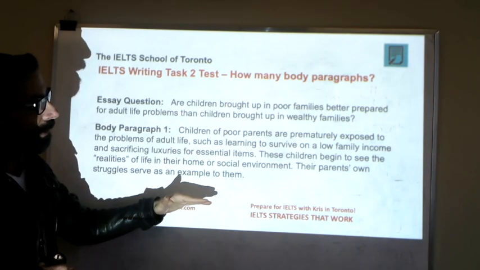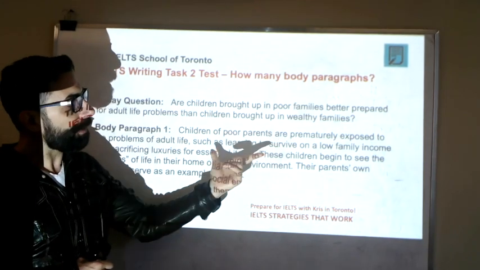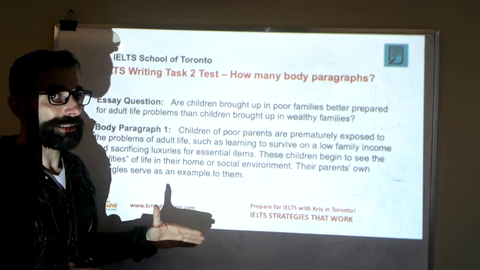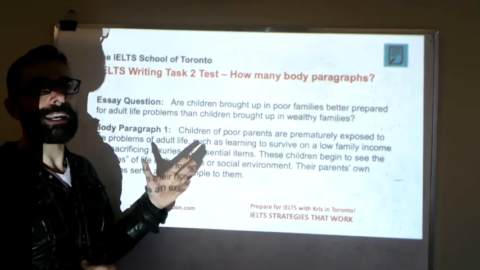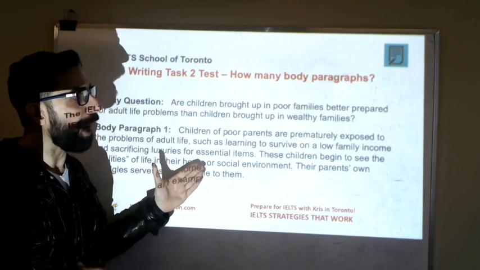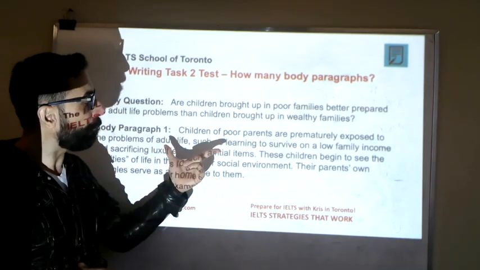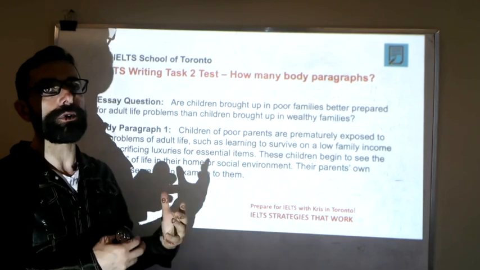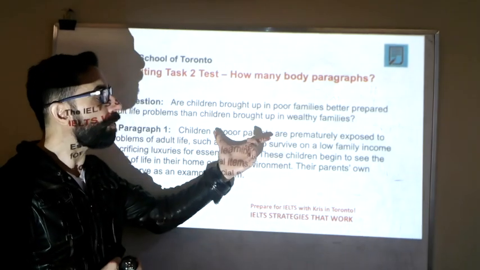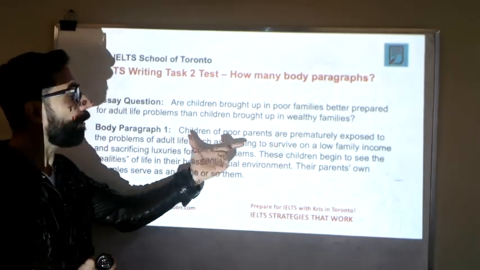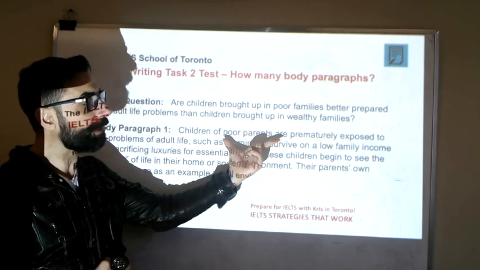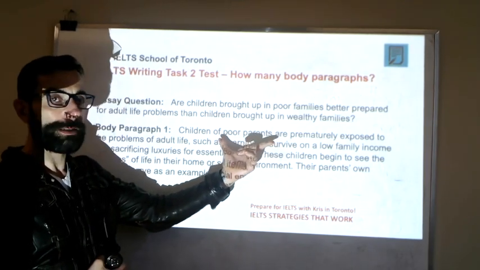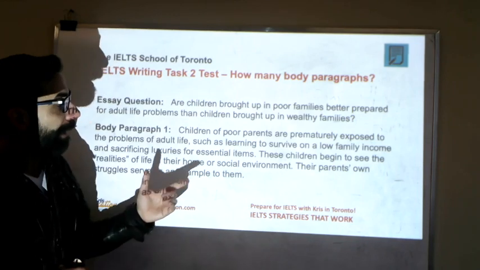So this is body paragraph 1: topic sentence, then in the rest, you show why and how. So again, why and how, and if possible, why you think like this, and how this happens, what happens as a result of this, what is the consequence of the result of this.